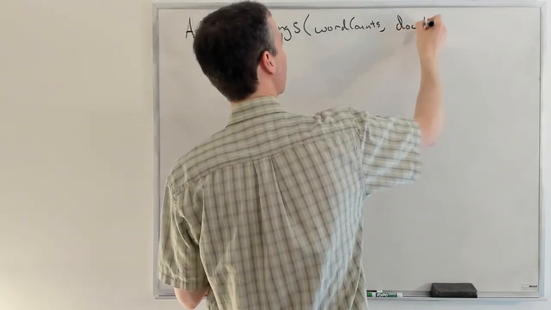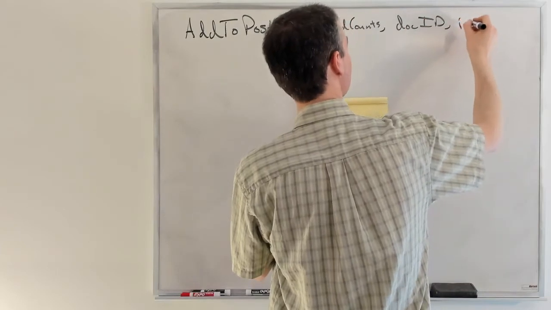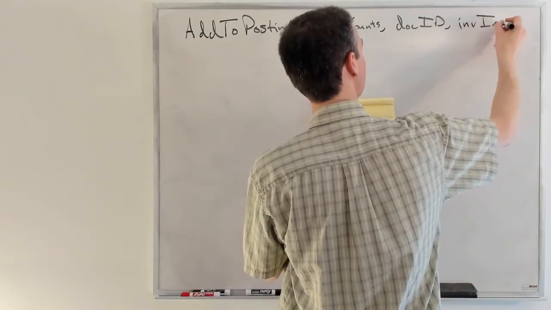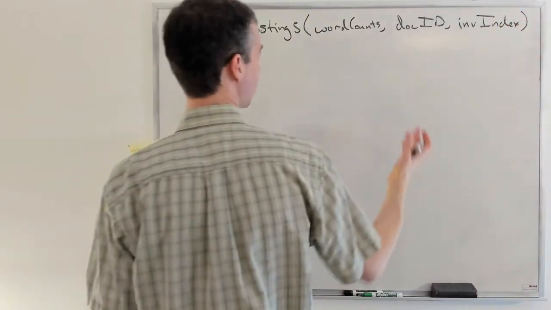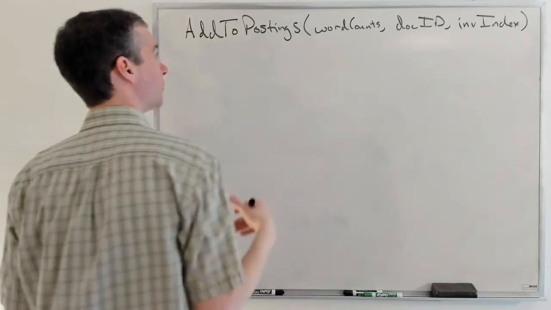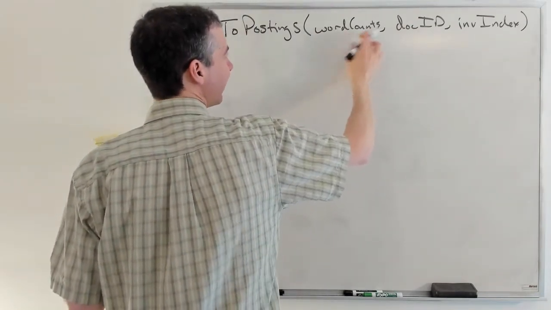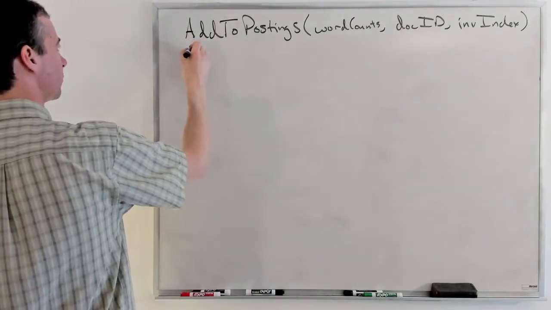We'll need to know what our document ID is because we have to save these counts for all these different words with the doc ID in the inverted index, because again, we're doing the inversion here.